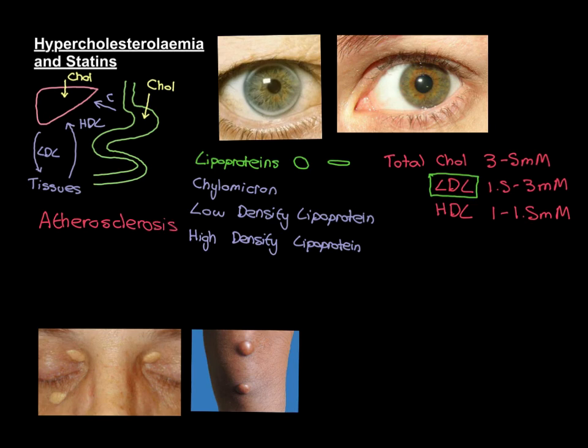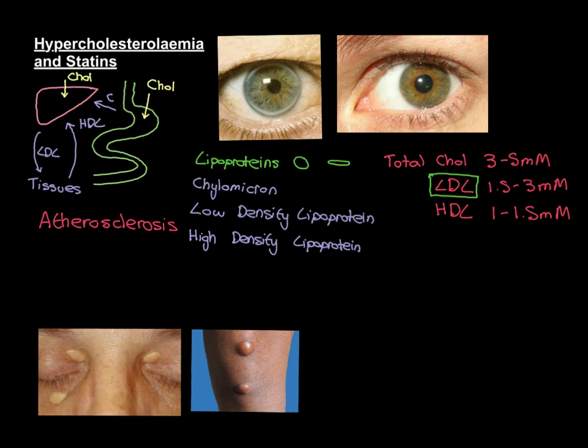So if you don't know what atherosclerosis is, this is the disease that now it's estimated will kill 50% of people living in the Western world. Atherosclerosis is disease of large arterial blood vessels.